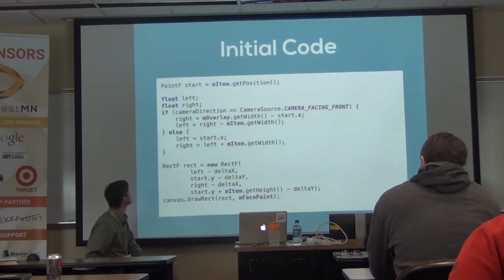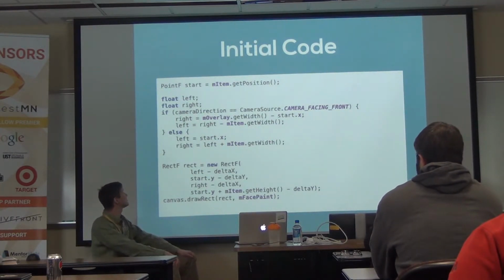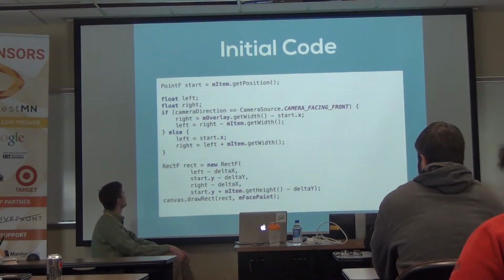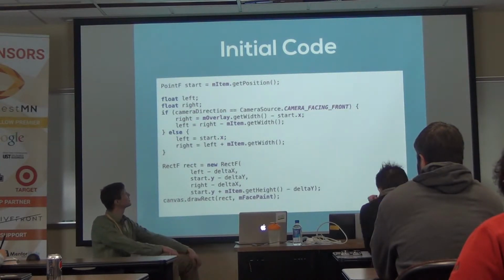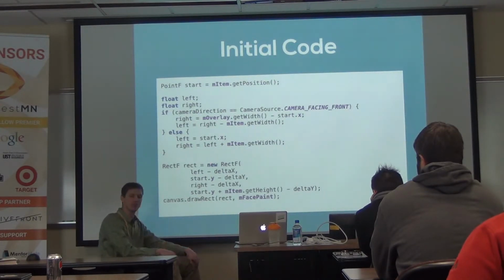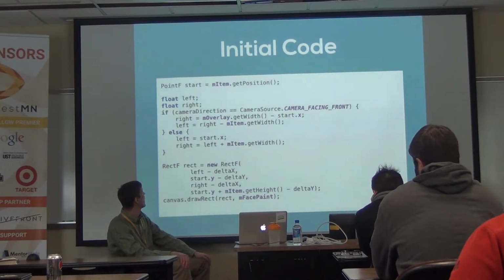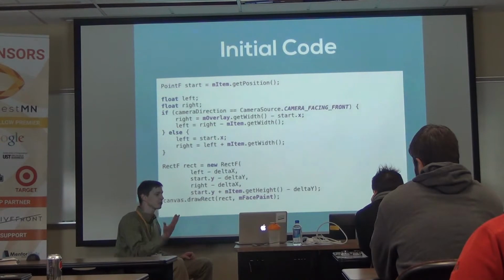And then this is the face graphic draw method. This looks remarkably similar to the barcode graphic as well. Instead of getBoundingBox, the face actually has a method called getPosition that just gets the upper left point of the face. And so then we can do adjustments based on which way the camera was facing, forwards or backwards.